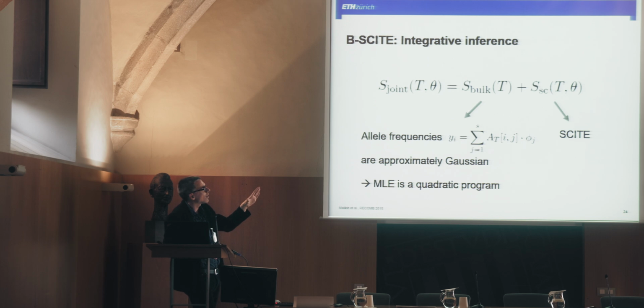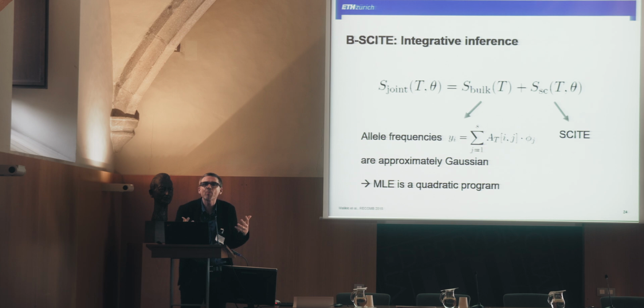For the single cell data, we use exactly the site model, as I explained it to you before. And for the bulk data, you have to, in one way or another, go through this deconvolution exercise. And you somehow have to explain your observed allele frequencies as the sum over all clones harboring that particular allele weighted by the frequency of that allele. That's always sort of the main, like a matrix multiplication type of thing.